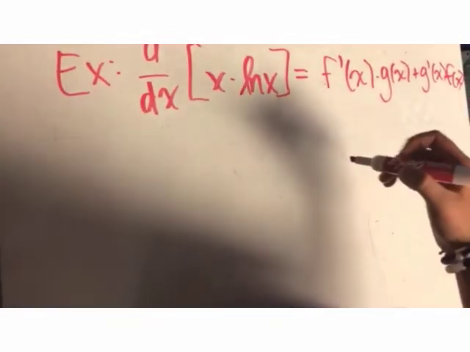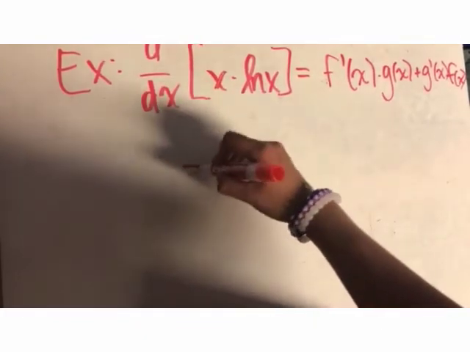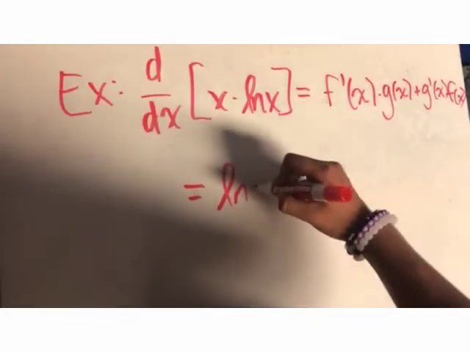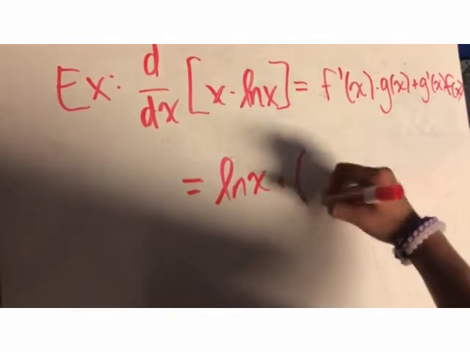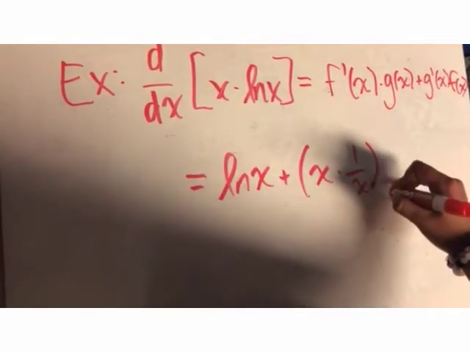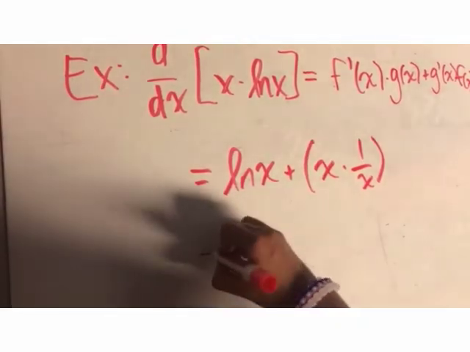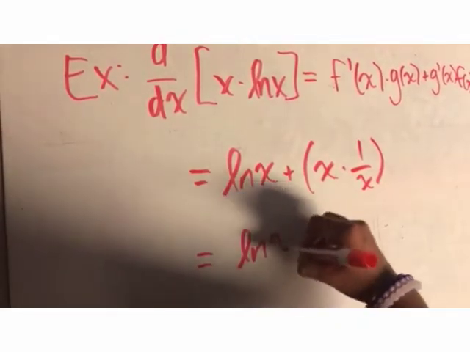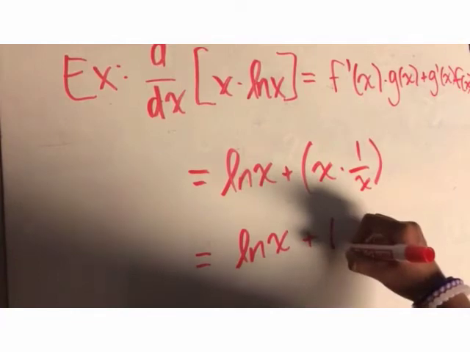So what that means is that my answer is going to be ln of x plus x times 1 over x, and I'm simply going to get then ln of x plus 1.